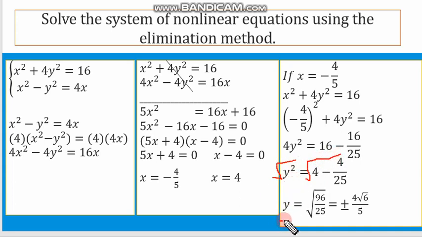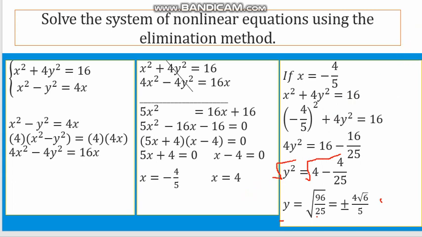So y is equal to the square root of 96 over 25. We subtracted 4 minus 4 over 25, which is 96 over 25. So the square root of 96 over 25 is plus or minus 4 square root of 6 over 5. That's the value of our y coordinate.